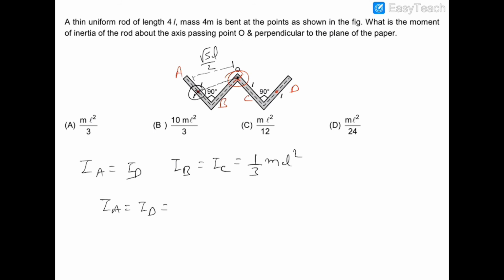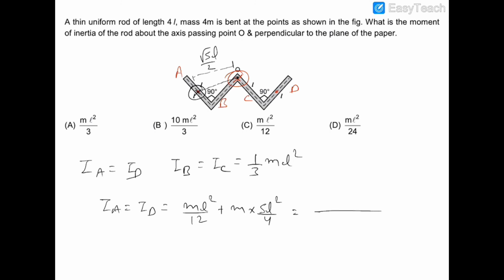You can find this distance by using Pythagoras theorem, that this is L and this is L by 2. So this distance would be root 5L by 2. So IA or ID would be equal to ml square by 12, the moment of inertia about the COM axis, plus m into 5L square by 4.